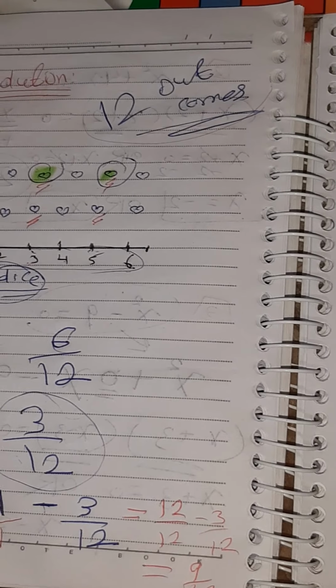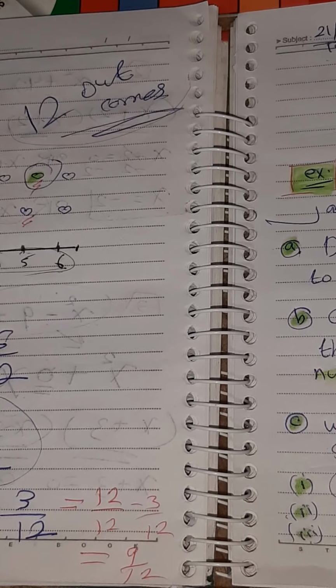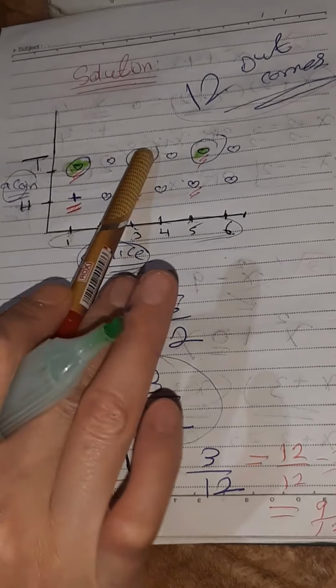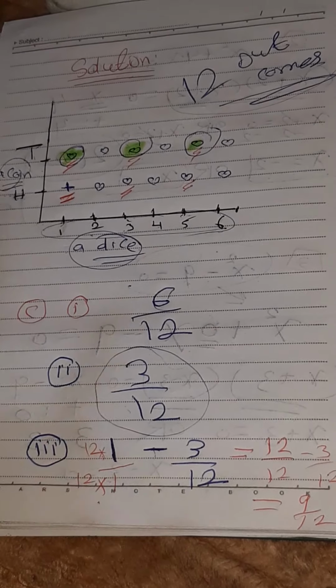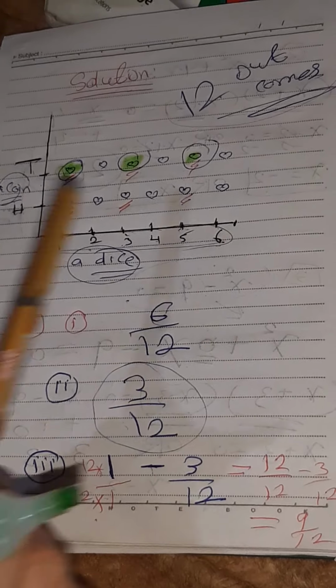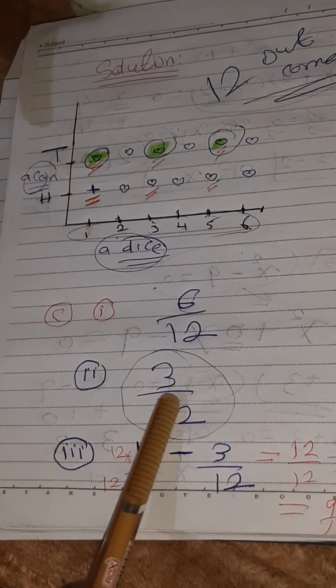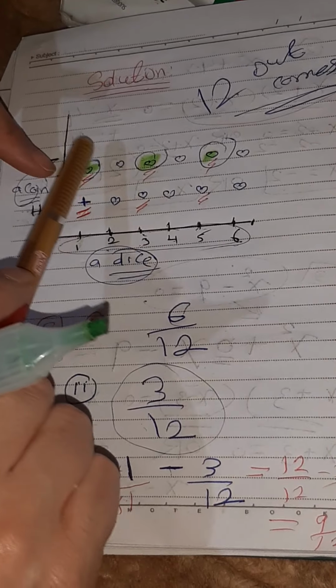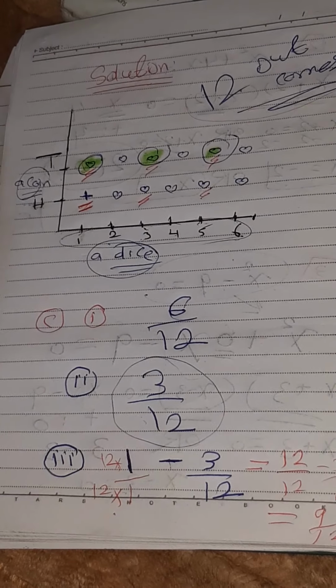So again, the first one, the probability of an odd, in general odd, without deciding head or tail, is 6 out of 12. Then we wanted tail and an odd number. We have just 3: 1, 2, 3. 3 from 12.